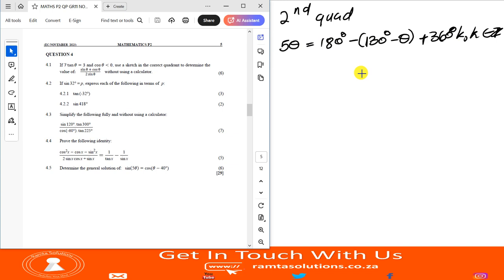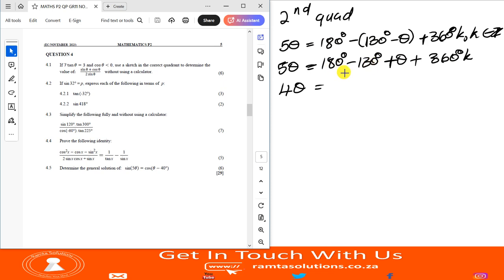So this is 5 theta equals 180 degrees minus 130 degrees plus theta plus 360 degrees k. So this is 4 theta. It'll be equal to 180 minus 130, which is 50 degrees, plus 360 degrees k.